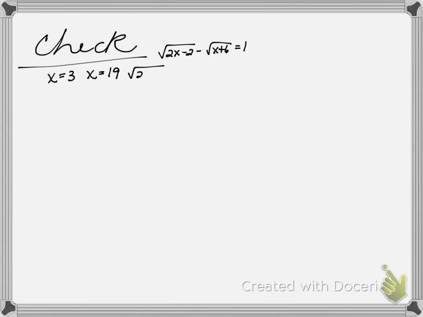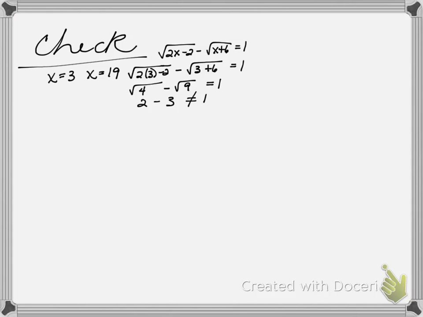Square root of 2 times 3 minus 2 minus the square root of 3 plus 6 equals 1. That's 6 minus 2, or 4, minus the square root of 9 equals 1, which is 2 minus 3, and that does not equal 1.